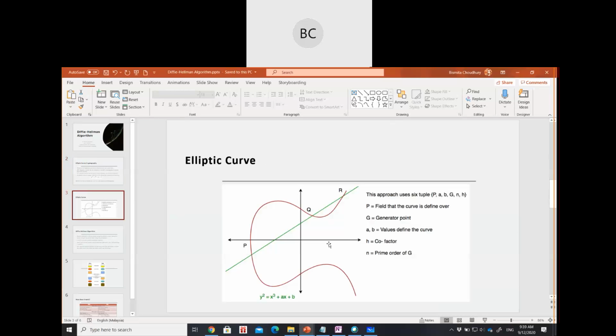So Diffie-Hellman mainly tries to find this A, B with which we can define a curve. Then H is a cofactor. Again, some prime numbers are involved here as well. Here N is the prime order of G. So modulus operations are involved.